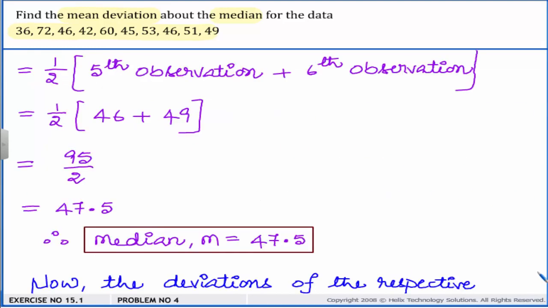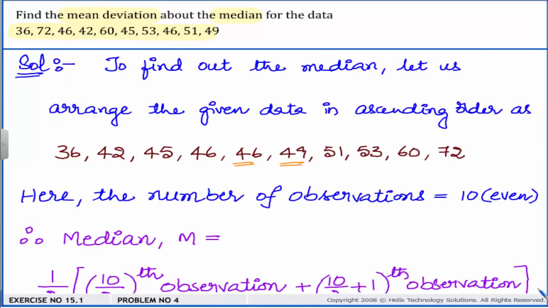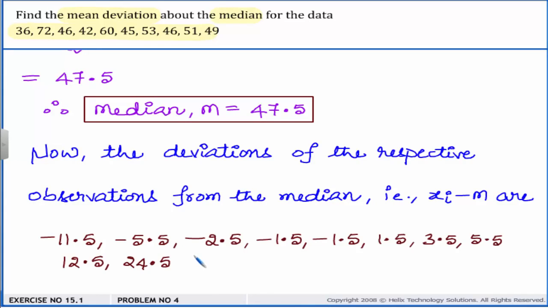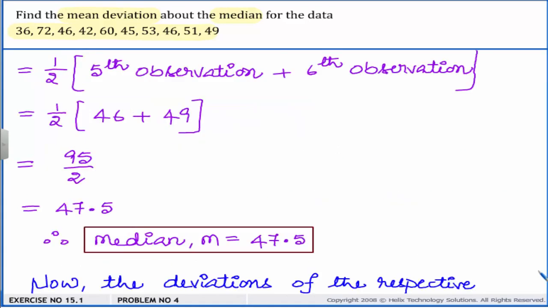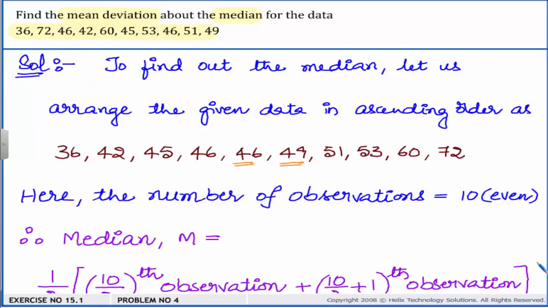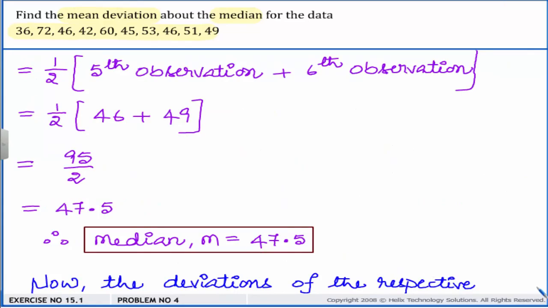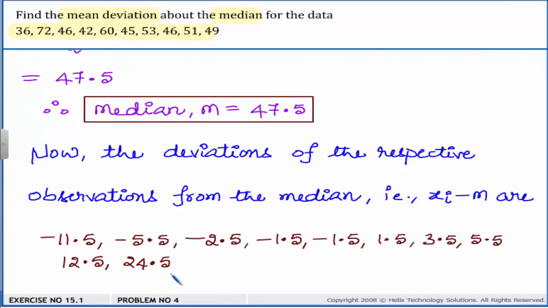Similarly, the second number, that is 42. 42 minus 47.5, which is minus 5.5. And in a similar way, we will be getting these values and we will see the last one, that is 72. Therefore, 72 minus 47.5 will give us 24.5.